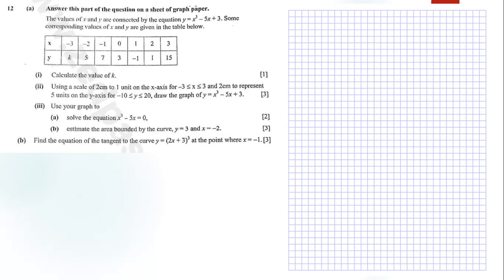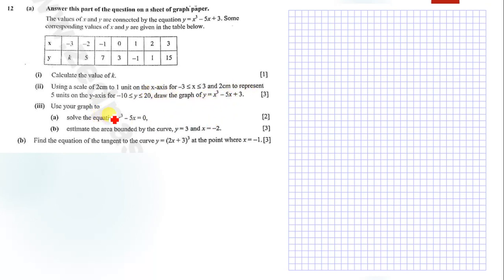So these are some of the values that have been given, and then the first question says calculate the value of k. And then the second question says using the scale of 2 centimeters to represent 1 unit on the x-axis from -3 to 3, and 2 centimeters to represent 5 units in the y-axis from -10 to 20, draw the graph of this equation.